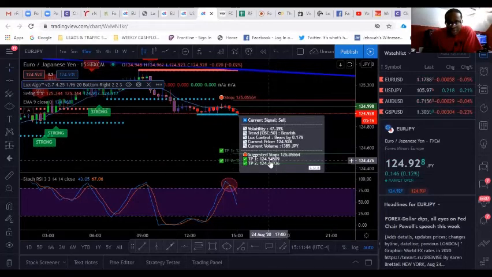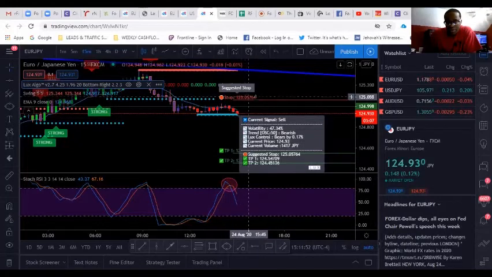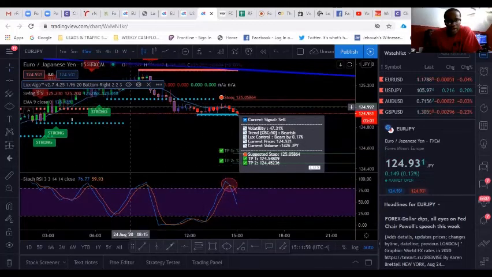And then also gives you a suggested stop loss and two take profits. And what I like about their stop loss is they keep it very close. So that way, if the market happens to go the other way, then you don't have to worry about losing too much money. So this LUX ALGO indicator is sweet.